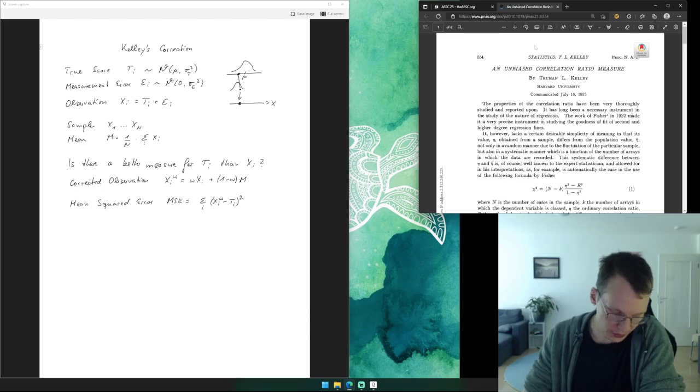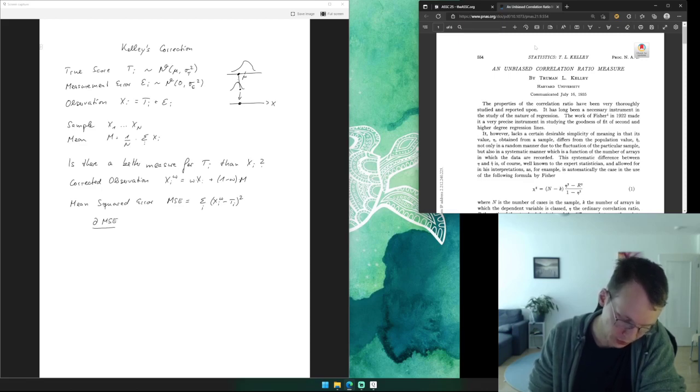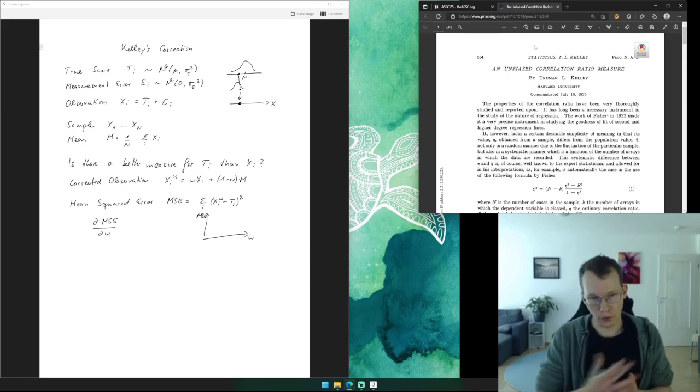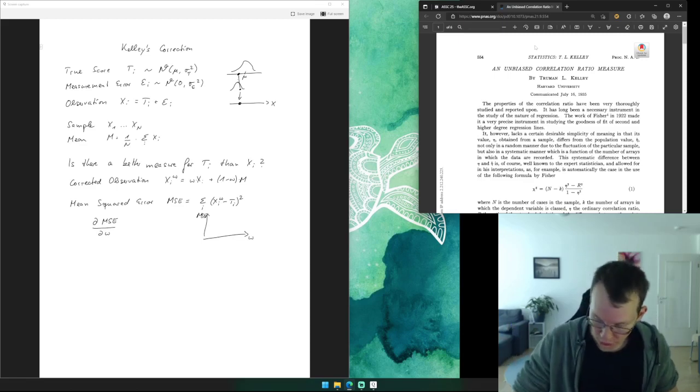Now, the idea is that we basically ask how this mean squared error changes if we change the w. We have different w values, and if we plot the mean squared error for these different w values, we will get a curve like this.